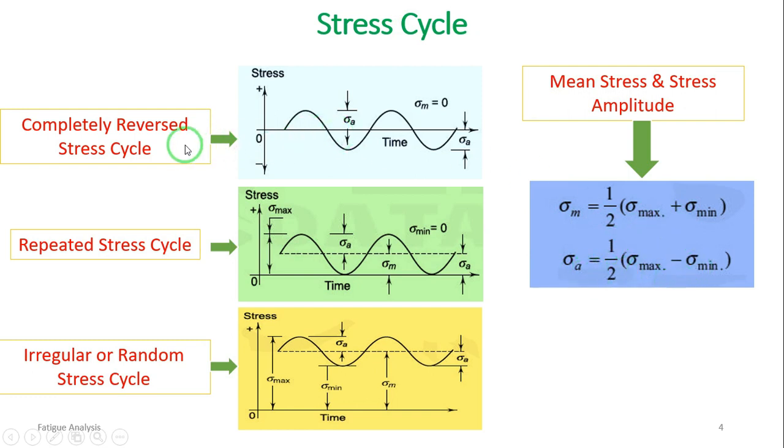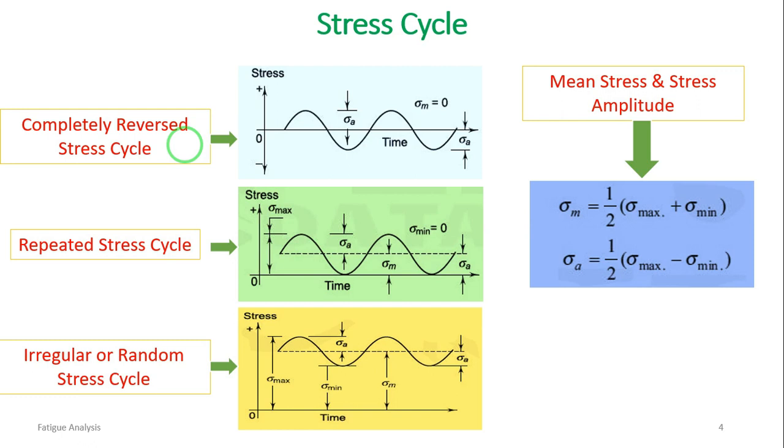In the first case, the completely reversed stress cycle, we have loading which is completely reversed, and the loads are equal in magnitude but opposite in direction. Consider the example of a cantilever beam, where you apply a load in the downward direction of 100 kN, and the same force is applied in the upward direction with a magnitude of 100 kN.